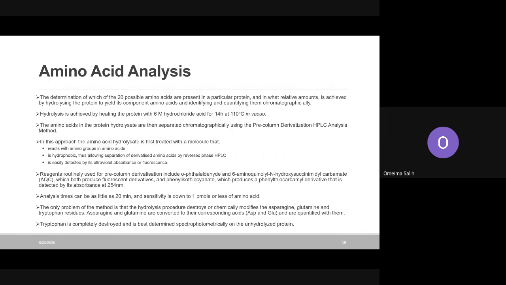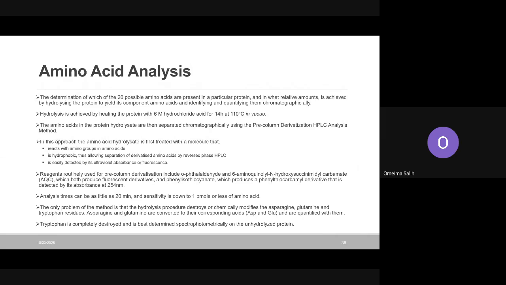This is another step. And as we mentioned before, we explained the Edman process for knowing the sequence of the amino acids, using the enzyme trypsin and digesting the protein into small peptide chains.